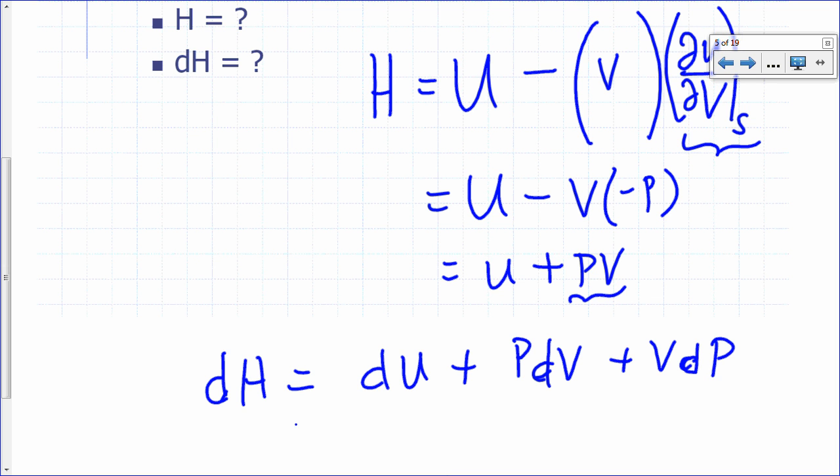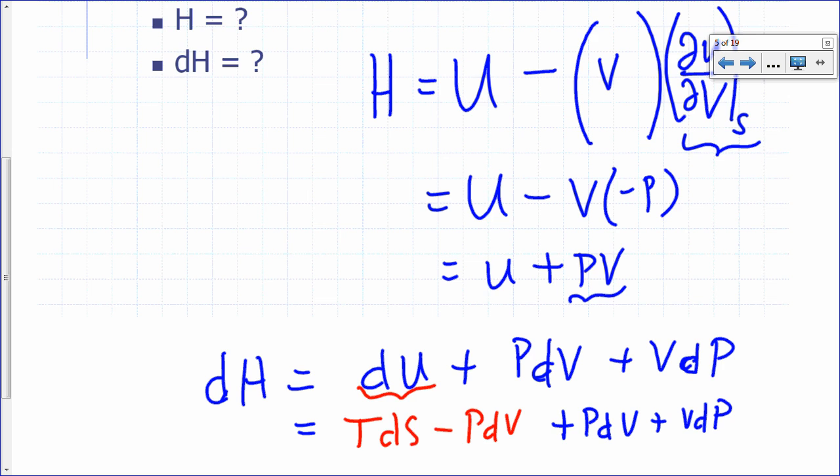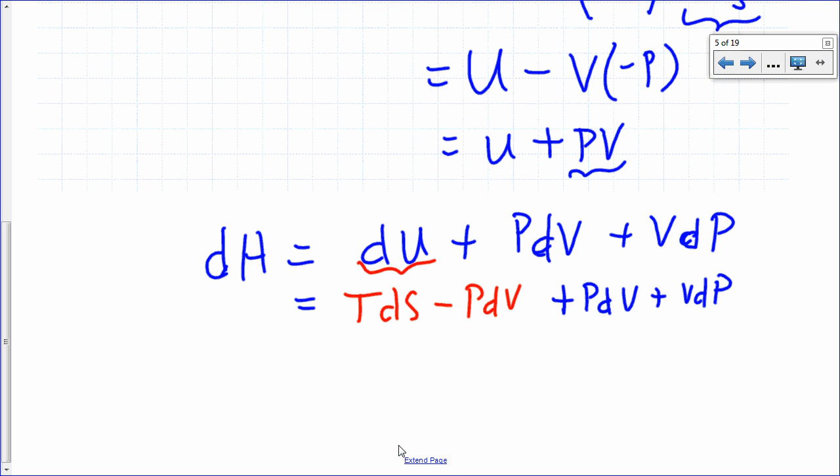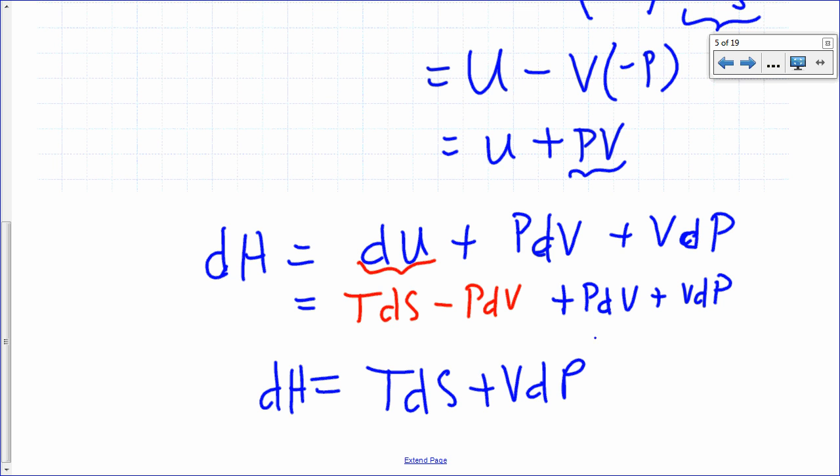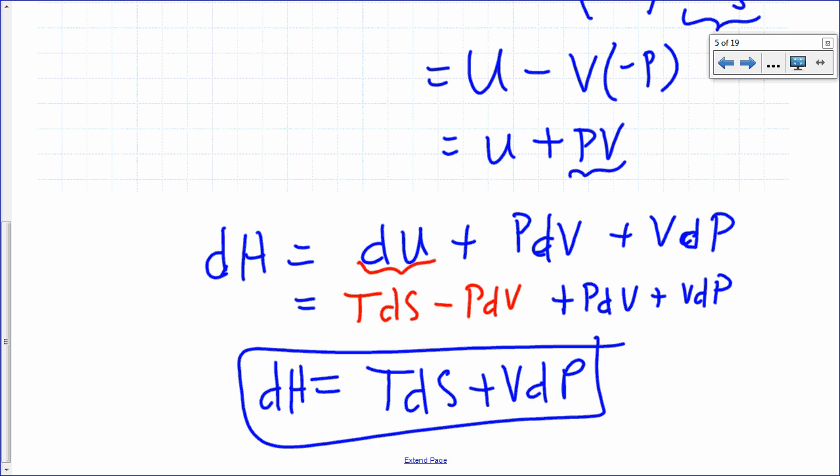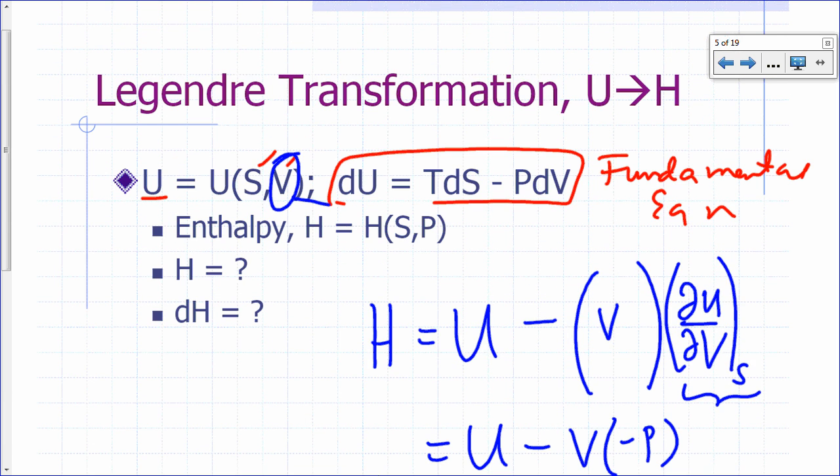But what did we say dU was? It's TdS minus PdV, right? And so adding to that PdV plus VdP, what do we get? We get dH is equal to TdS plus VdP. So essentially what happens when you do your Legendre transformation, you just switch the roles between the variables you're switching.